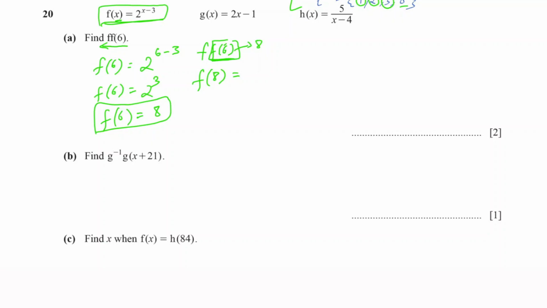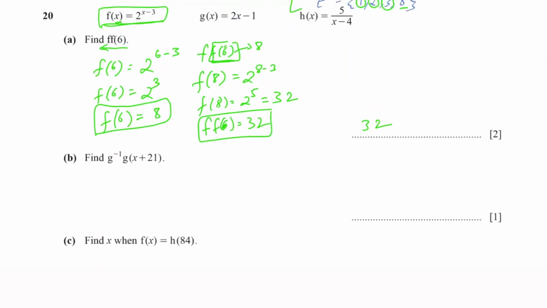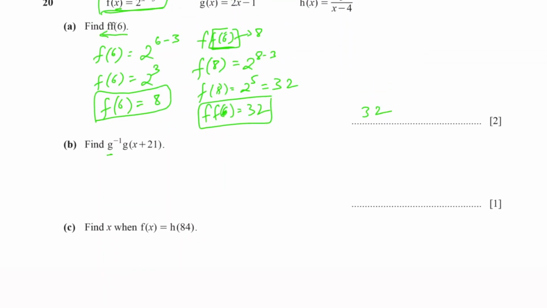So 2 raised to power 8 minus 3 is 5, and 2 raised to power 5 is 32. So actually it was f of f of 6, and it is equal to 32. I hope you understand this. So the answer is 32.